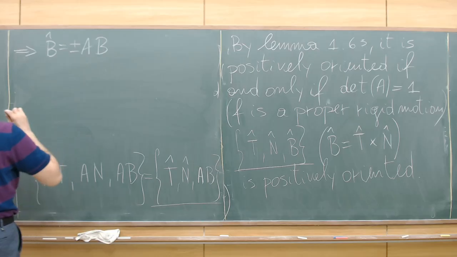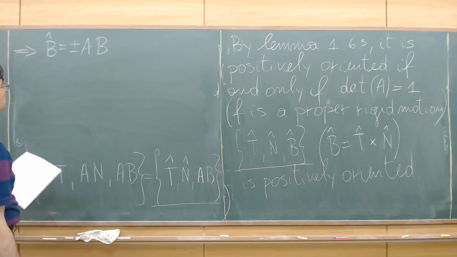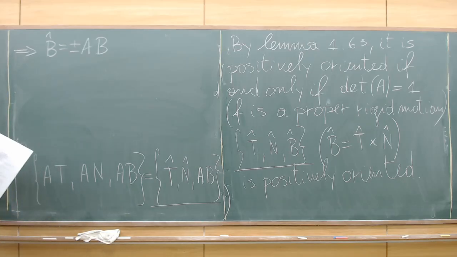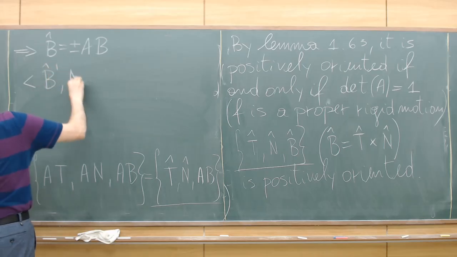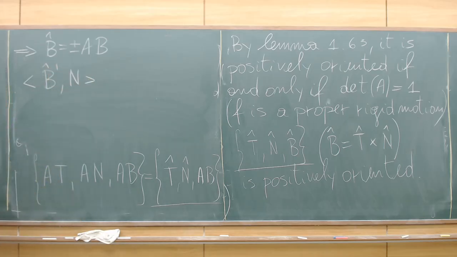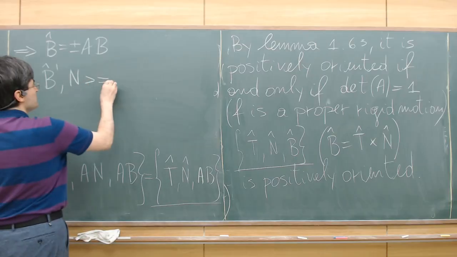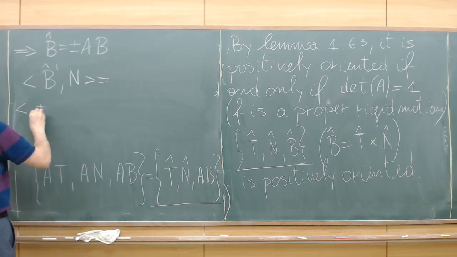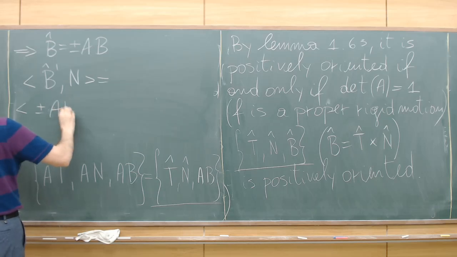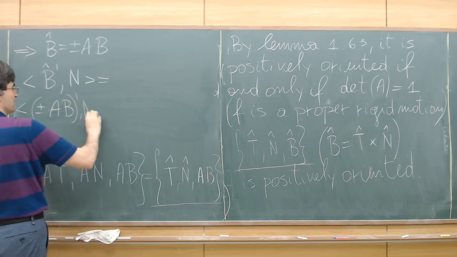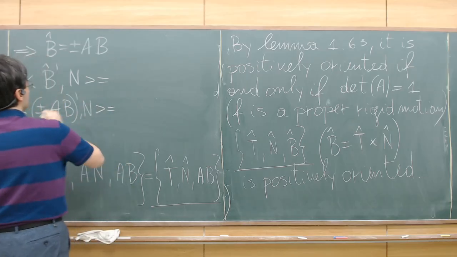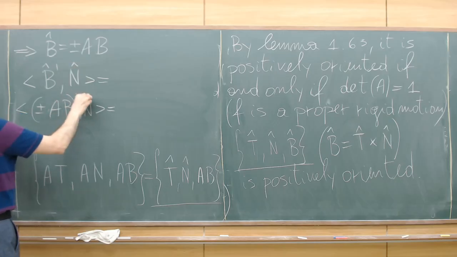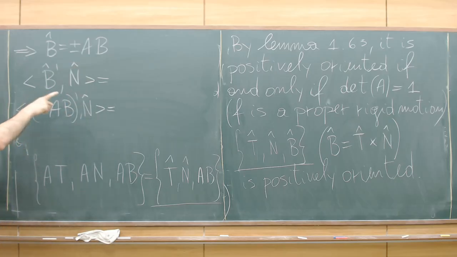Okay. Now, what about the torsion? In order to compute the torsion, we need to make this computation. We need to compute B hat prime comma n hat, because we want to compute the torsion of gamma hat.